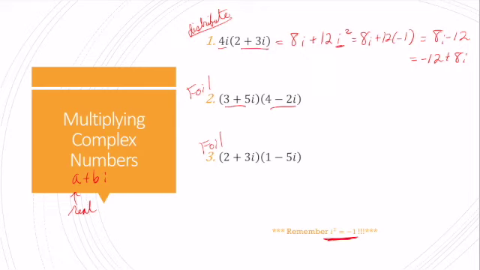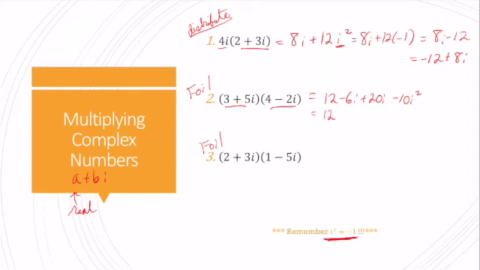Wonderful. So the next thing we're going to do is FOIL. It's still the same. First, outer, inner, last. So this is going to give me 12 minus 6i plus 20i minus 10i squared. I'm going to give you guys a second to make sure you FOILed that properly. I can combine like terms.